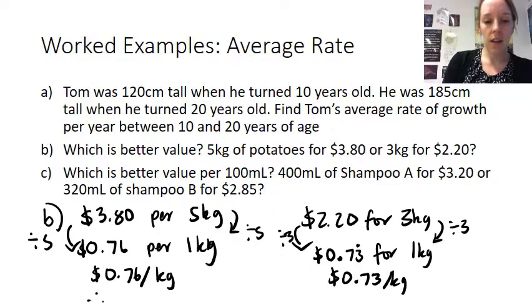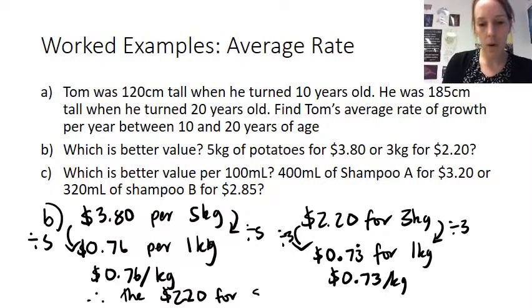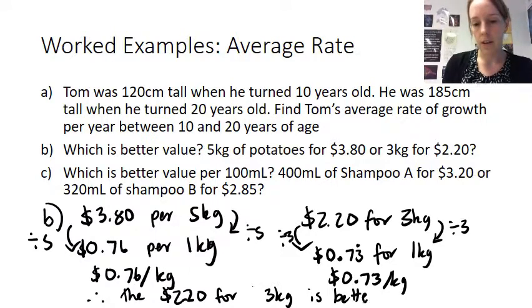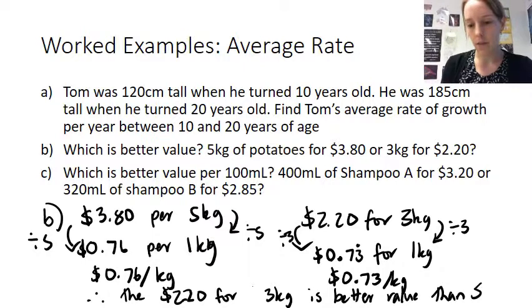So therefore the $2.20 for 3 kilograms is better value than $3.80 for 5 kilograms.